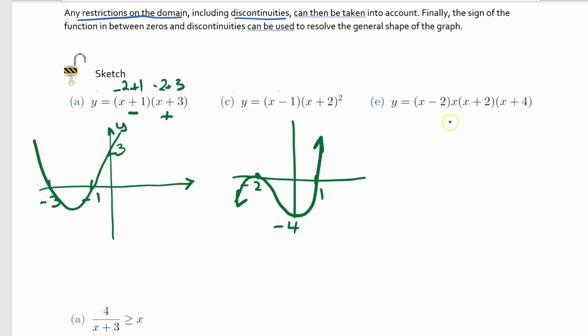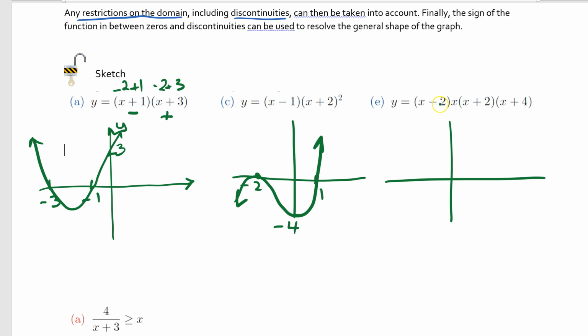For our next example, we've got 4 x's being multiplied together. So this is a quartic, so it could have up to 3 bumps on it. Our cubic had 2 bumps, our parabola had 1 bump, so 1 less than the maximum power. Now, where does this curve cut the x-axis?